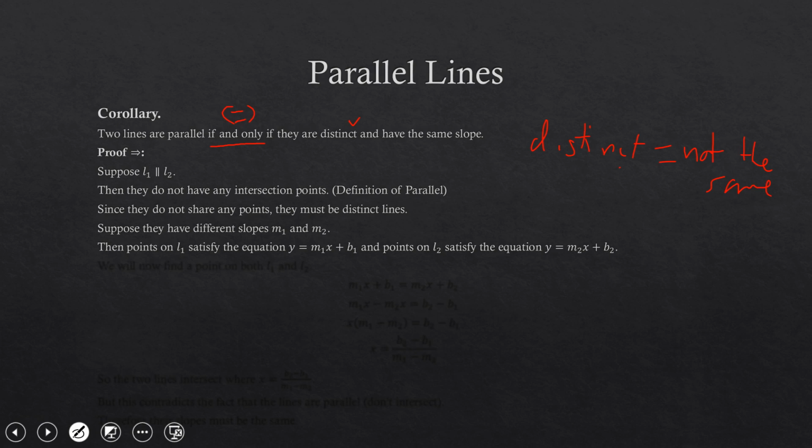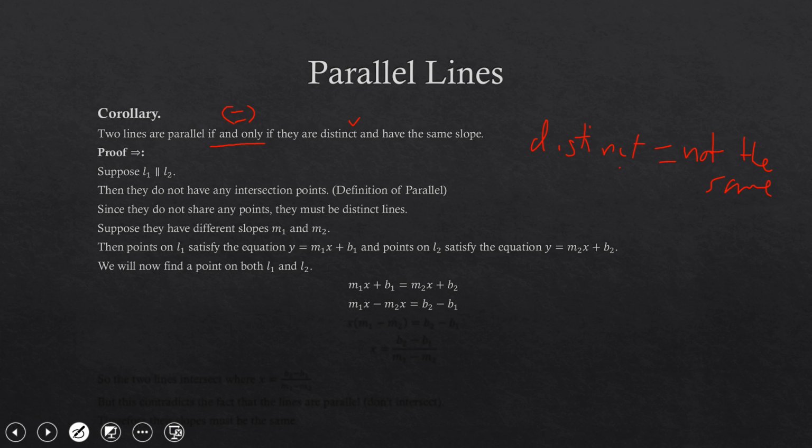Okay, so now let's try to find an intersection point. We'll find a point that's on both L1 and L2. And then this is going to be our contradiction because they don't have any intersection points, right? It's not allowed. So when we set m1x plus b1 equal to m2x plus b2, we try to solve this equation. We're going to collect the x's on one side.